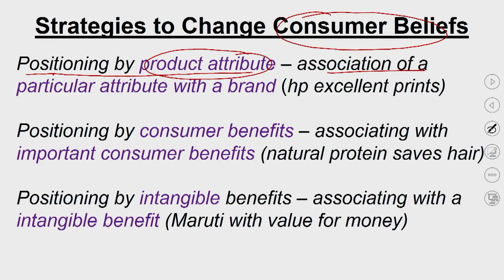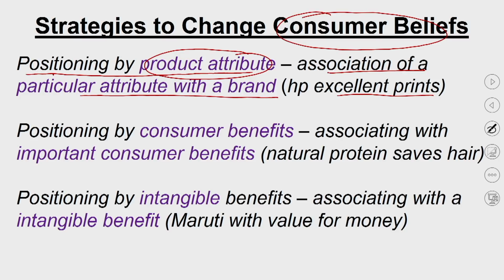For example, association of a particular attribute with a brand. If we are HP, and HP is a good company which leads to excellent prints, and HP promotes this printer by saying it's a good printing company, it gives good printouts.